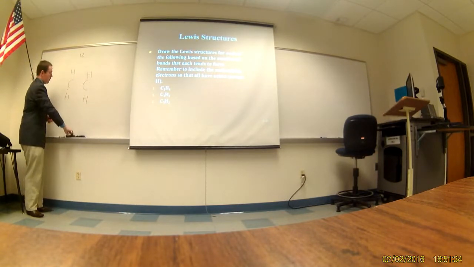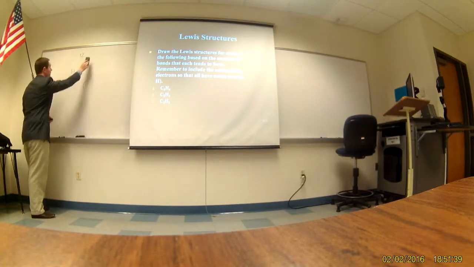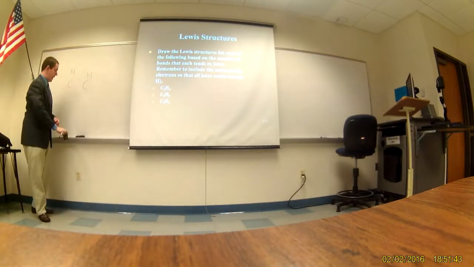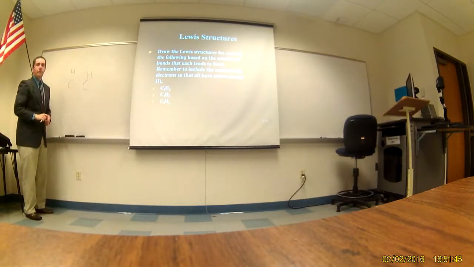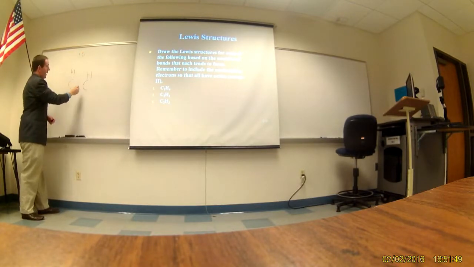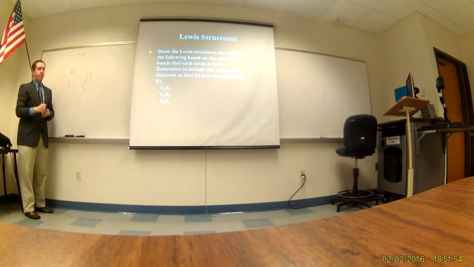Now we're going to lose 2 more hydrogens and electrons to go with it. We have C2H2. How many electrons do I have? 10. I have 8 drawn. I only got 2 more. Put a triple bond.